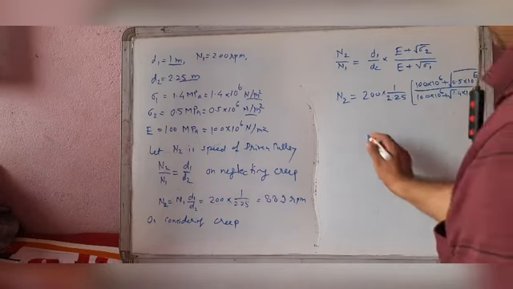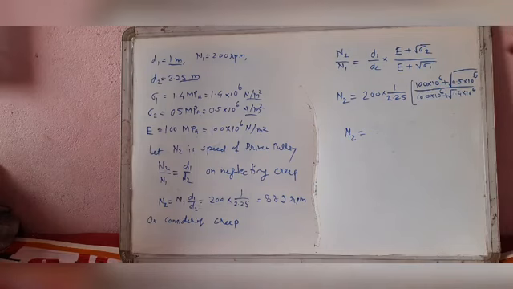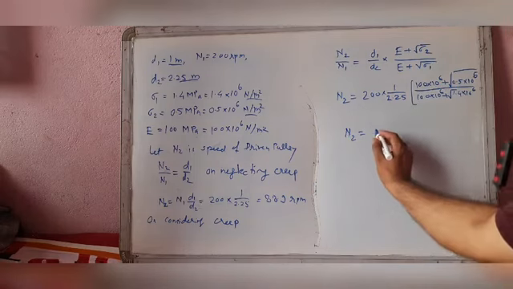So on calculating this, the value of N2 comes 88.7 rpm.